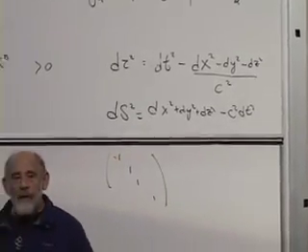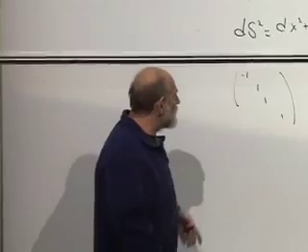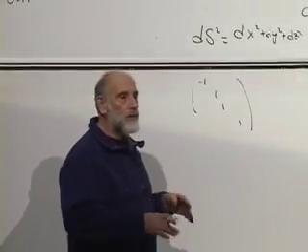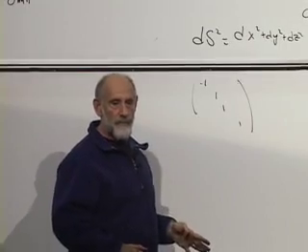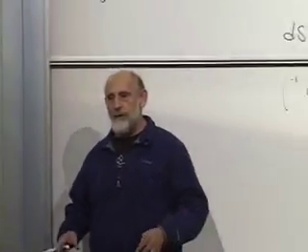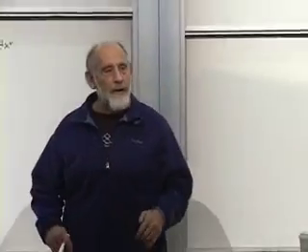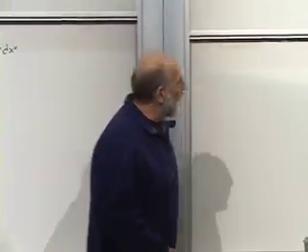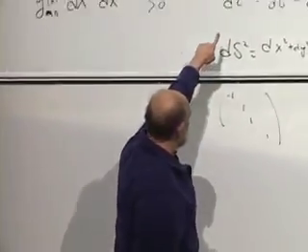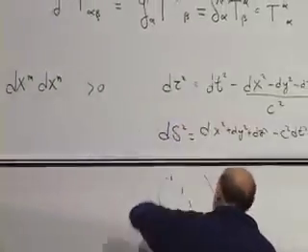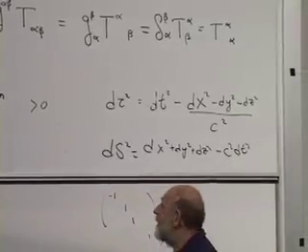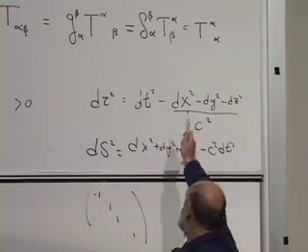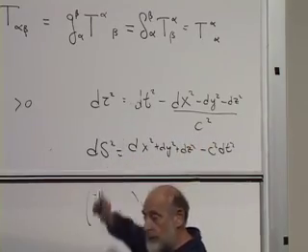The language that mathematicians use is they would say the signature of the space would be plus, plus, plus. It's simply telling you how many positive and negative eigenvalues. If I use this notation here, where I study the proper time, I would say that the signature of the metric was minus, plus, plus, plus. 1 minus and 3 pluses.